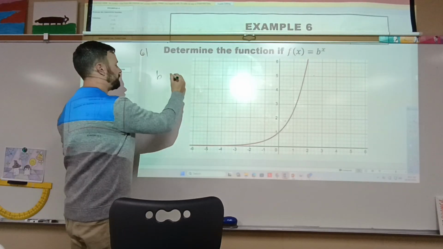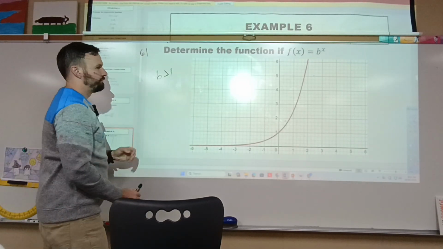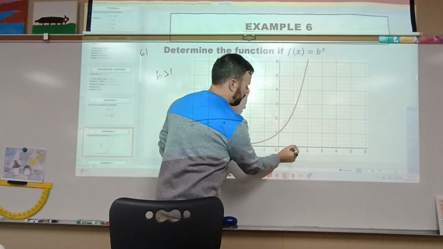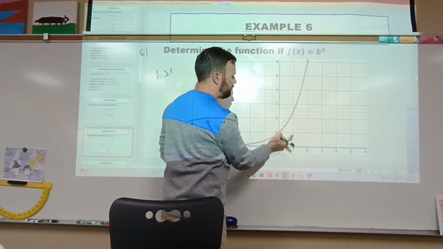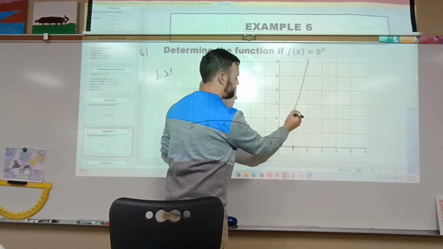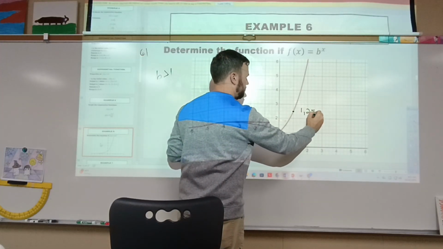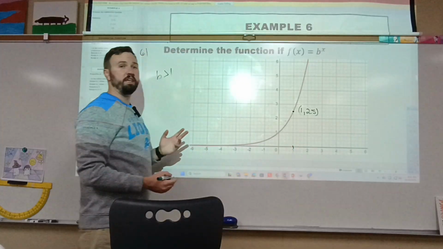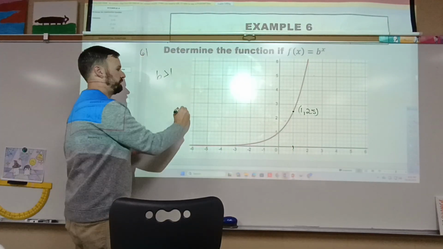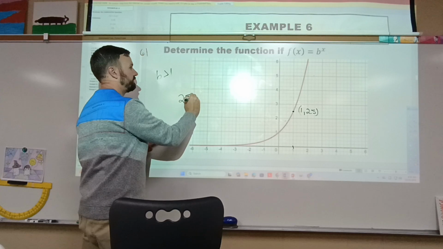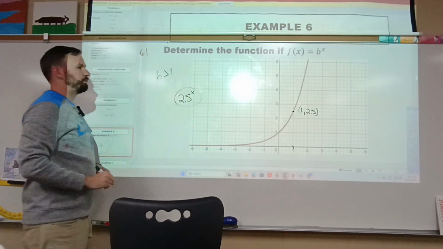It's going up, right? So it's going to be bigger than 1. So I go to the 1, and what point do I pass through at 1? I have the point (1, 2.5). So what's my b got to be? 2.5. That's going to be my function.